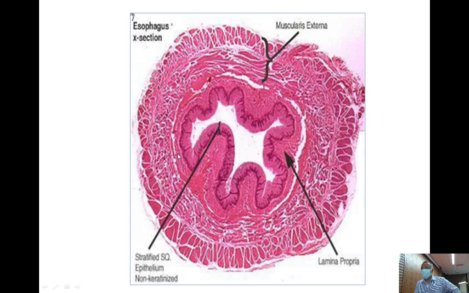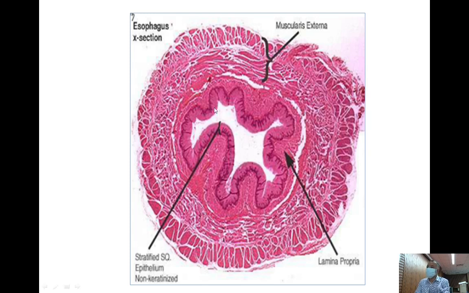In between the muscularis mucosae and muscularis externa we have the submucosa, a very thin layer where some submucosal glands are present. Here the submucosal gland is not shown. Outer to that we have the muscle fibers, inner circular and outer longitudinal. In the upper one third the muscle fibers are skeletal, in the middle one third they are mixed, and in the lower one third only smooth muscles are present.